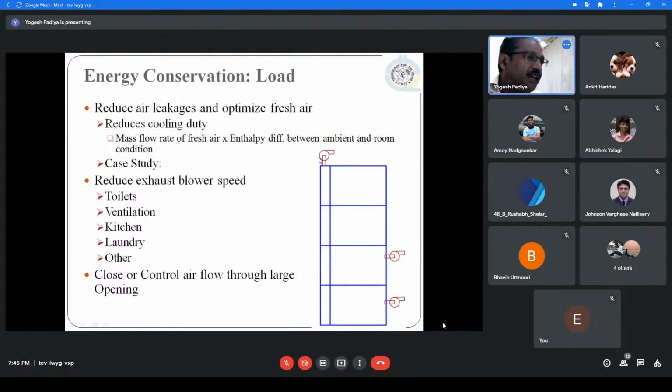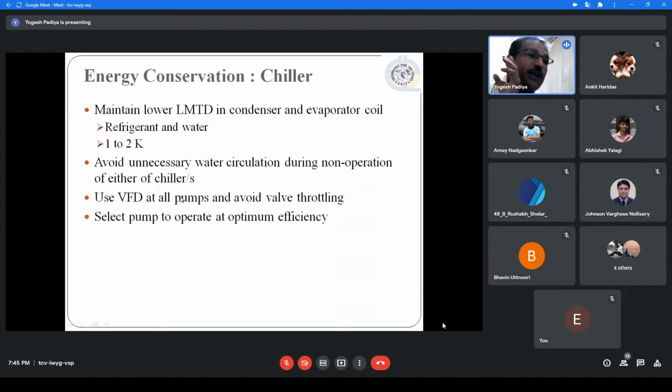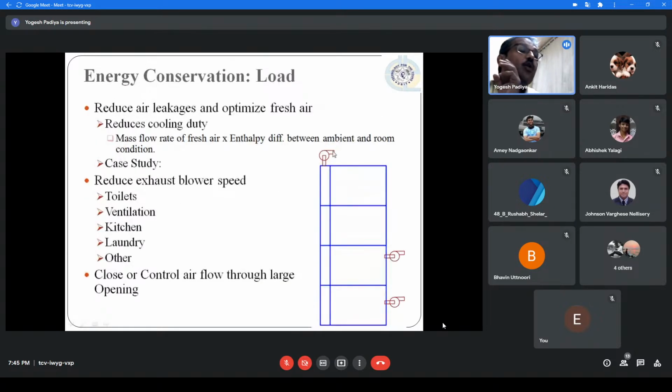Can you understand that? The blower speed. We do audits, doing all the settings and all this, but what about this flow? Many auditors are not emphasizing this point. You have a kitchen exhaust, you have a basement exhaust, you have exhaust at many places, right?